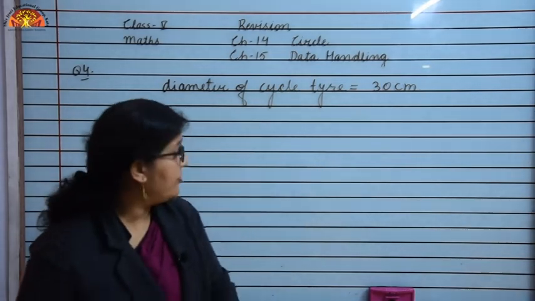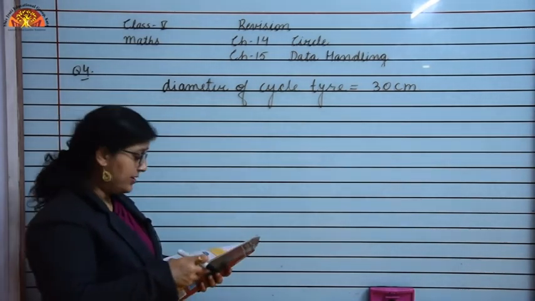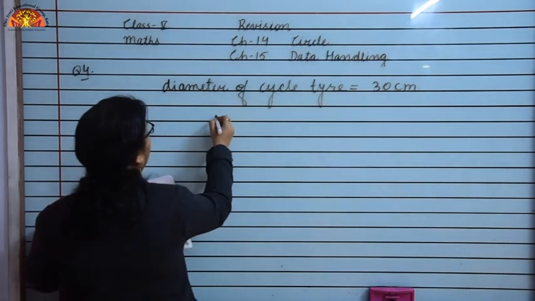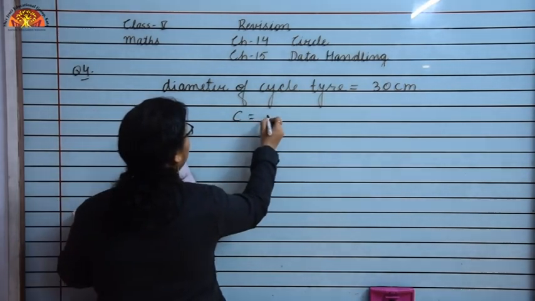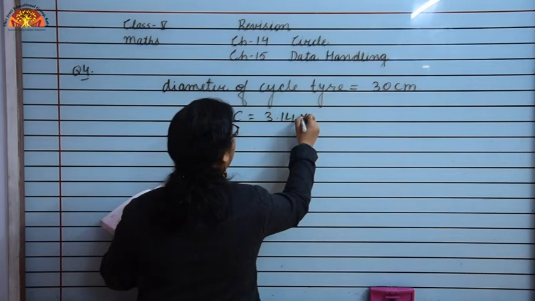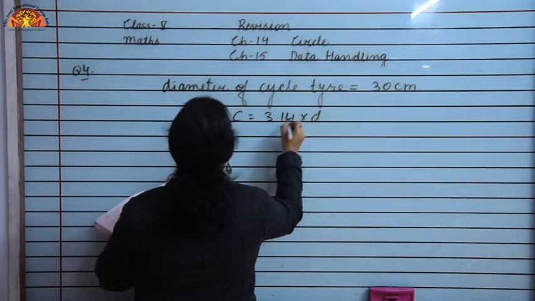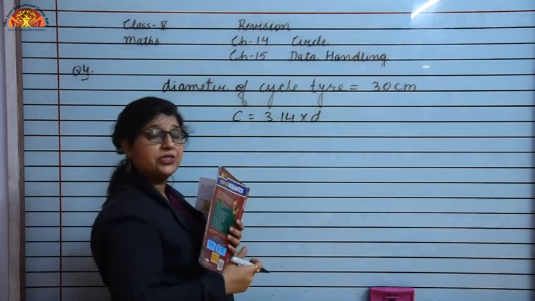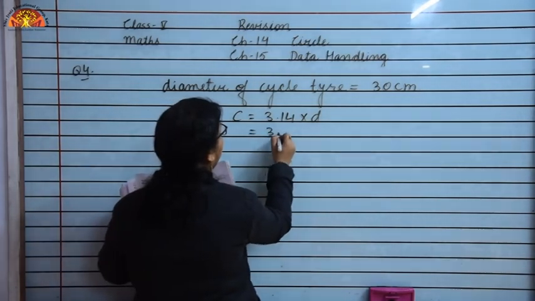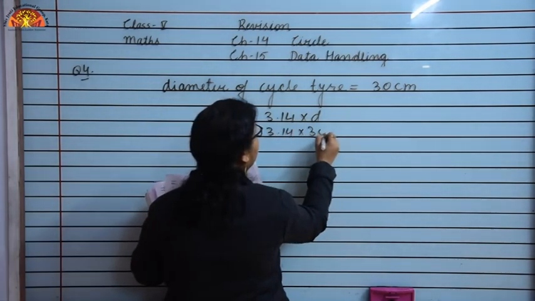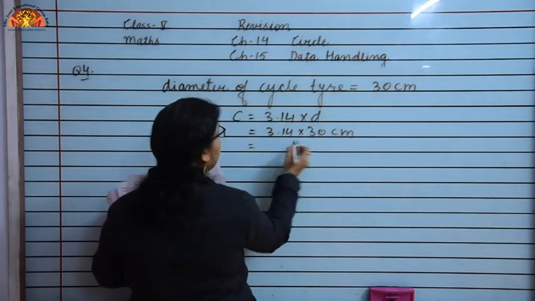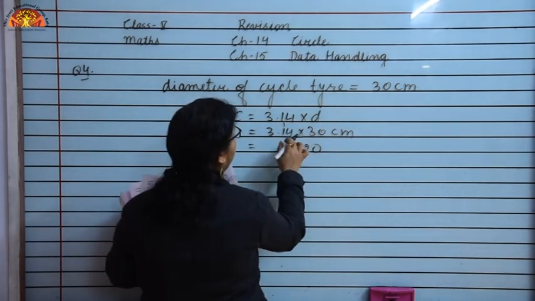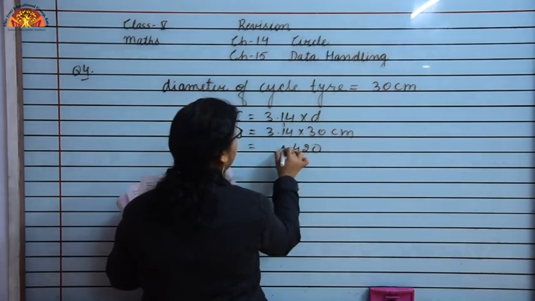So in this question we also find the circumference of the tire. So what is the formula? Circumference is equal to 3.14 multiplied by d, and the diameter is already given, so we put the value in. 3.14 multiplied by 30 centimeter is equal to 0, 3 4s are 12, 1, 3 1s are 3 plus 1 is 4, and 3 3s are 9.